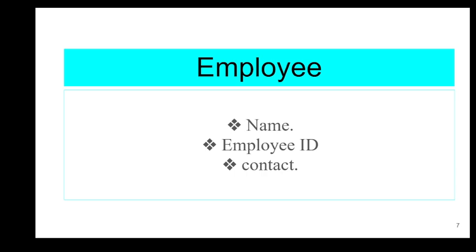So after we have gotten the entities, we are going to extract or to give attributes. Remember, every entity has these attributes. It is like we say a parent and a child. So from this, employee has a name, we have an ID that identifies an employee in an organization.